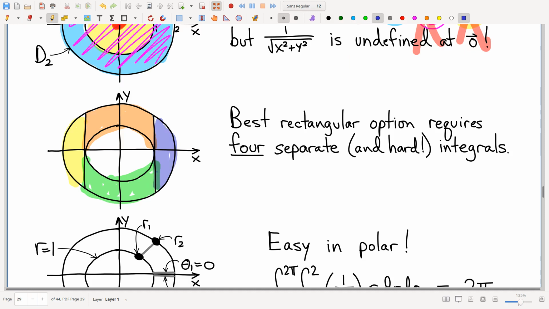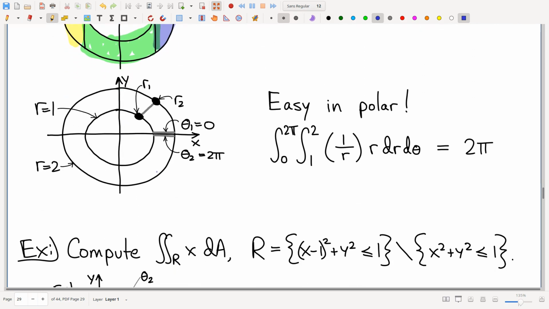So I could compute on those four regions, but again, obviously bad. I don't want to compute integrals on four separate regions, especially when on each one of these, there's circles that make up part of my bounds. That means there's going to be square roots in my bounds. That means it's going to be ugly. This is going to be a nightmare approach. We don't want to do that. So polar coordinates to the rescue.